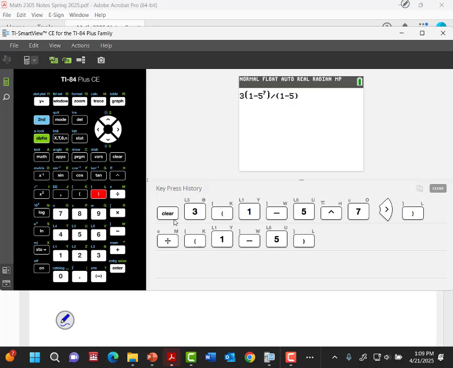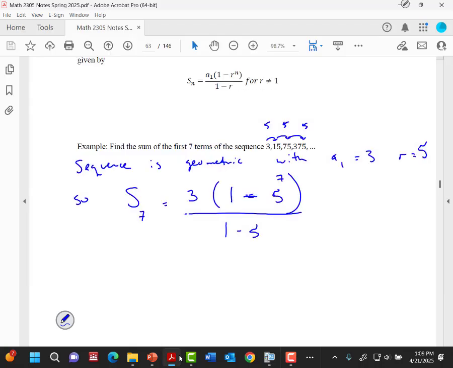Or you just punch in minus 4. And if I run that through, I get 58,593. And so this would be the sum of the first 7 terms of this sequence, where I start at 3 and I'm multiplying each successive term by 5.